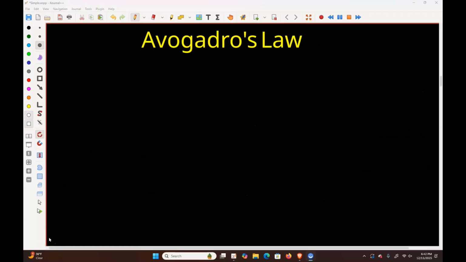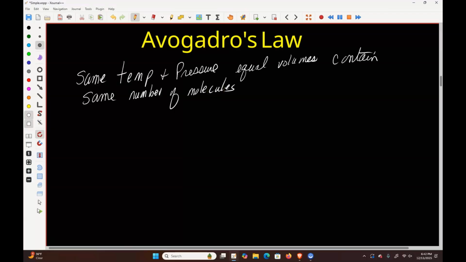Avogadro's law says that equal volumes of gases at the same temperature and pressure contain the same number of molecules. This relationship works best at low pressures. Okay, let's do a little simple problem here. Let's say we have carbon monoxide plus 2 hydrogens to produce CH3OH.